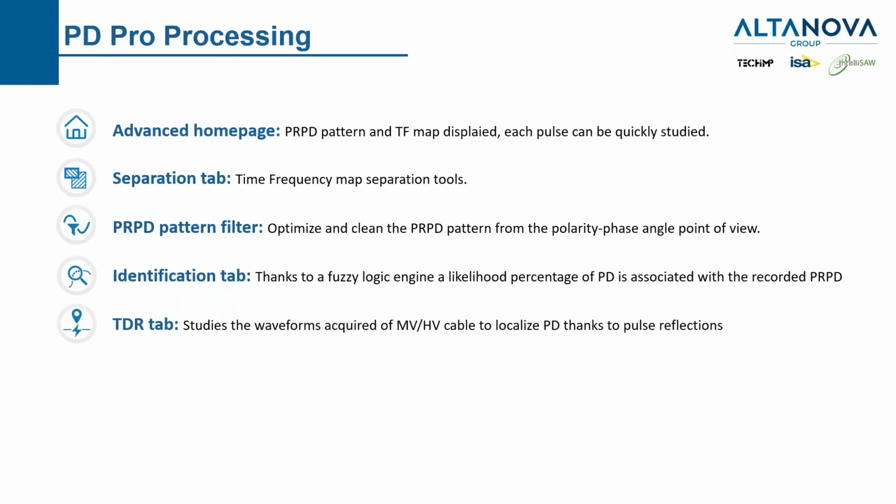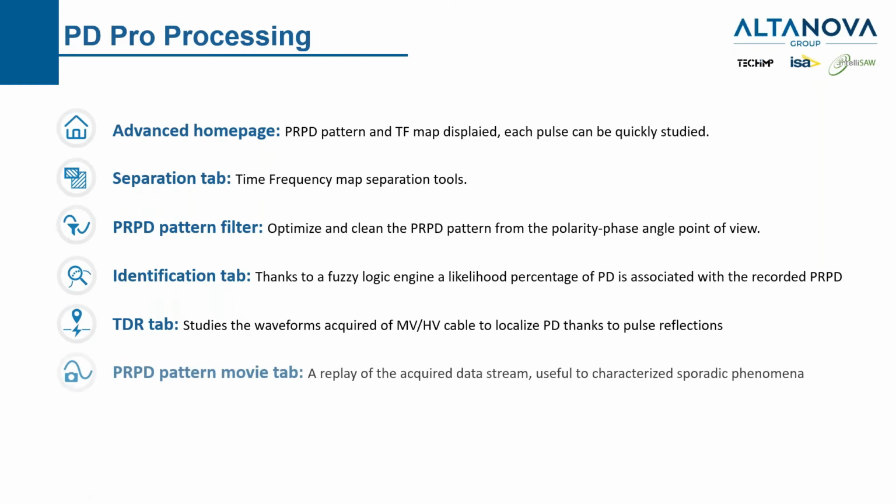Then we have the TDR tab, the time domain reflectometry tab, used for pinpointing PD in cables. We can use this tab typically to localize PD along a cable system.